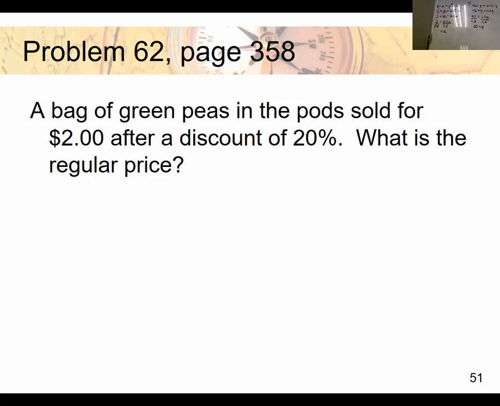Two divided by 0.8 is 2.5, or $2.50, since we're dealing with money amounts. So the regular price is $2.50. Any questions on problem number 62?